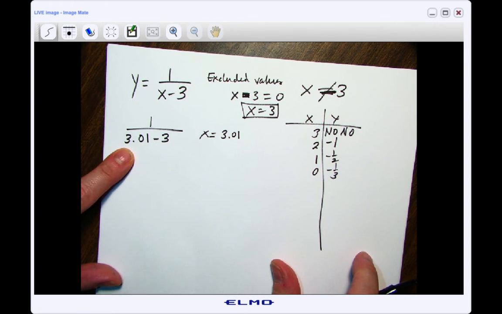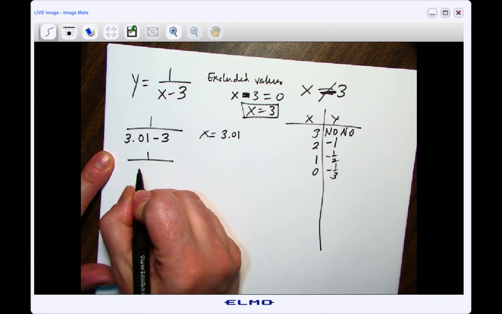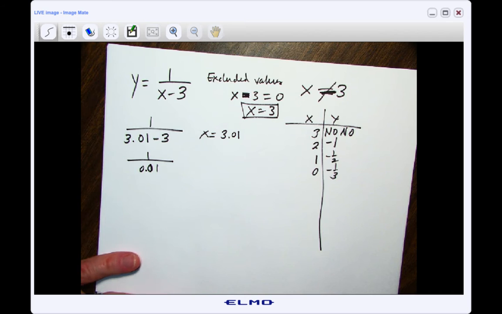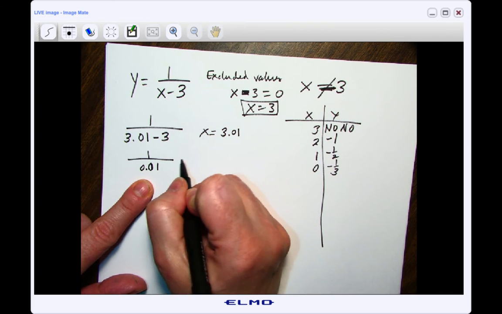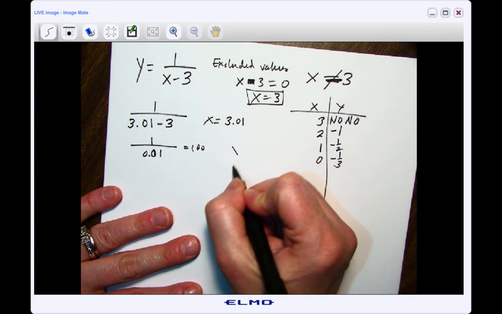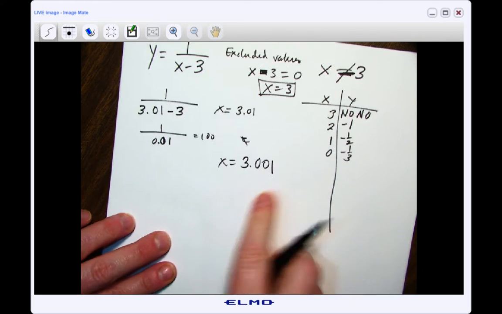So I put in 3.01 for x, and I get 1 over, which is again what number? That's actually 100, isn't it? Now let's say x is equal to 3.001. What's going to happen here?